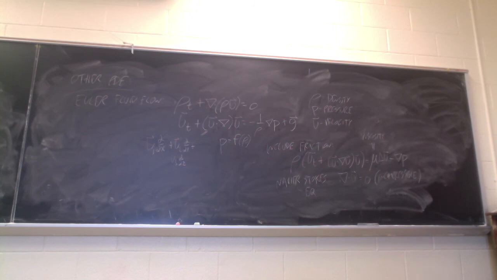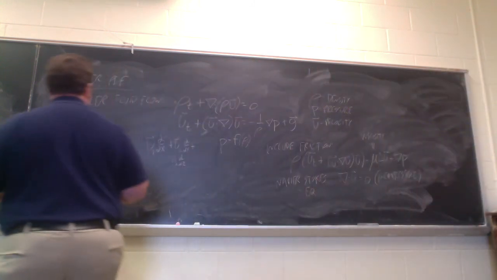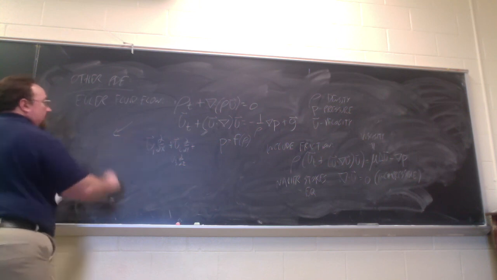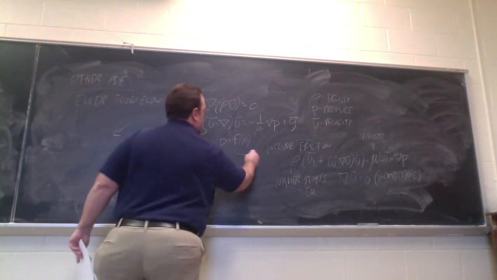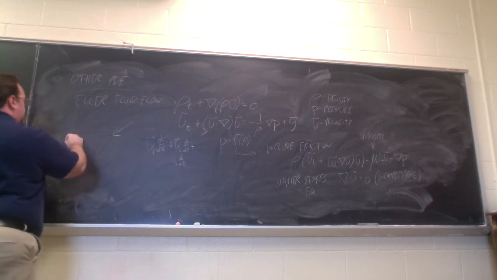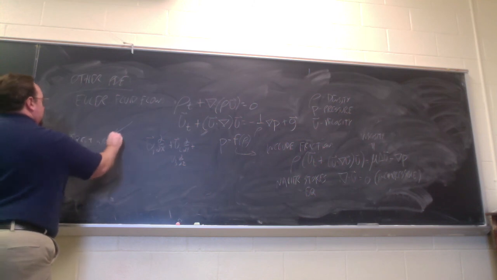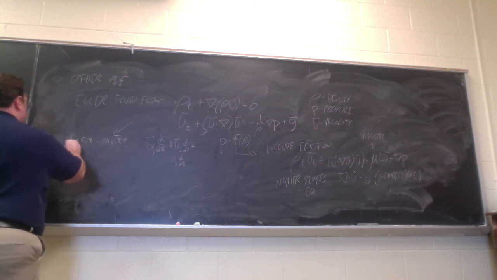Now another variation of the Euler equation. So we go back to these. Euler equations lead to a lot of other equations. So you neglect gravity, and you assume that the fluid is at rest.